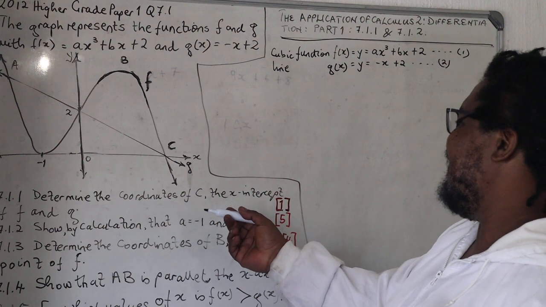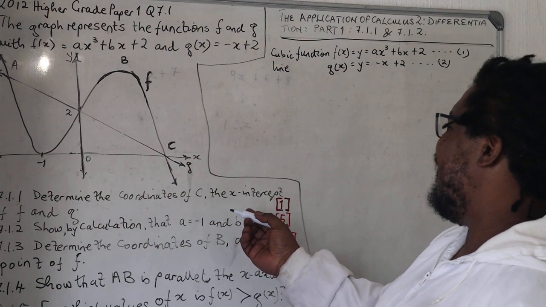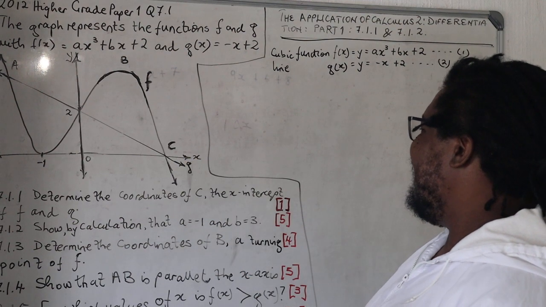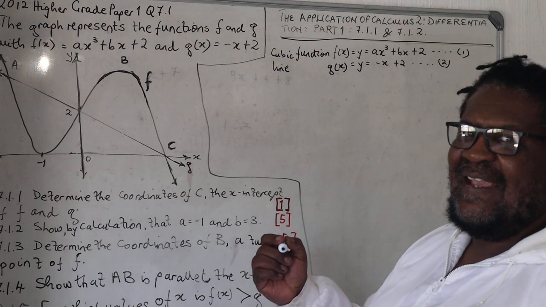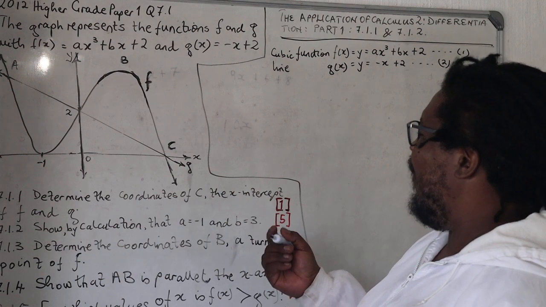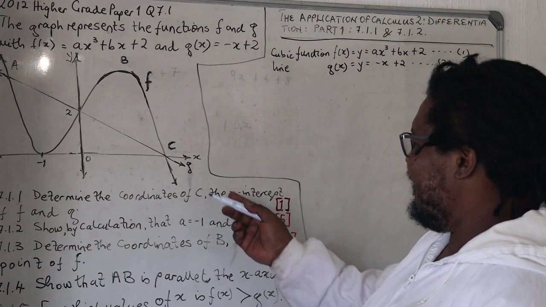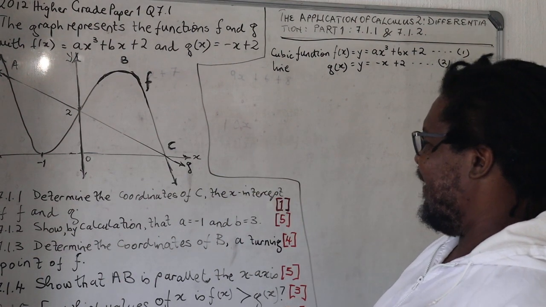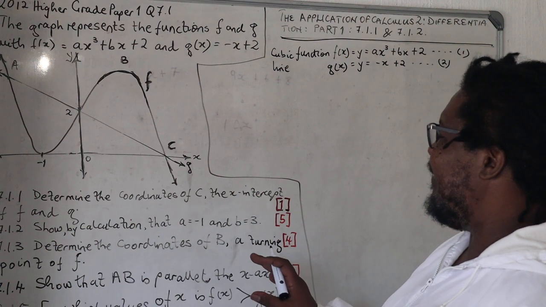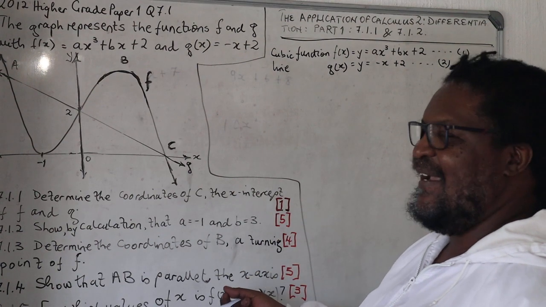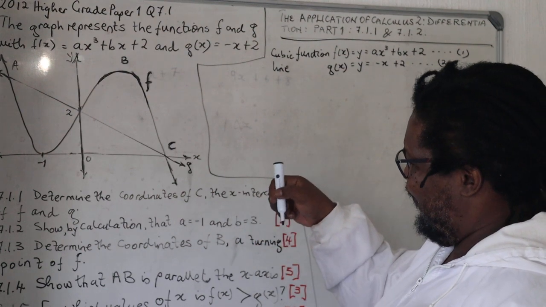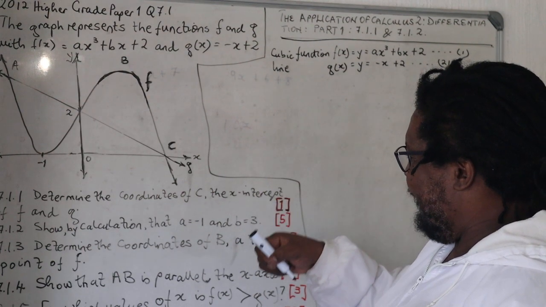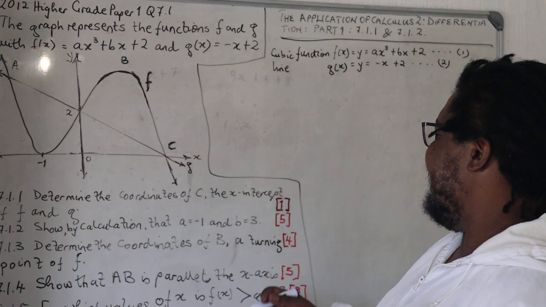The first question requires us to determine the coordinates of C. In other words, we need to determine the x and y values of point C. When you are asked for coordinates, don't just find the x alone; you have to find the pair of coordinates x and y.